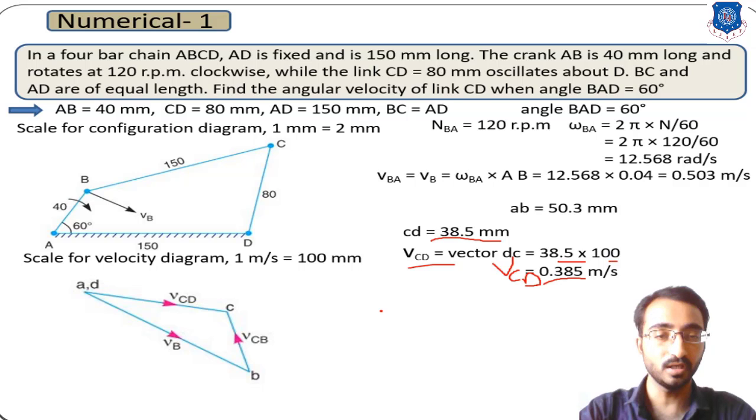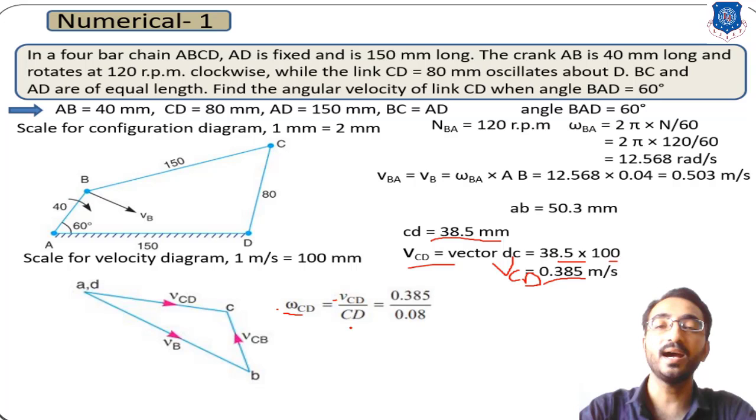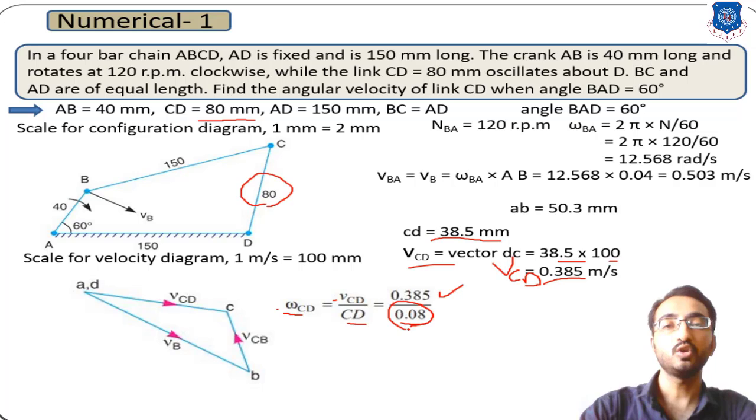Now to calculate the angular velocity, we can say V is equal to R into omega, or omega is equal to V by R. So over here omega is equal to VCD upon the length CD. VCD is 0.385, and the length of link CD is given as 80 mm, so it is 0.08 meter. You must consider one thing: the length we have sketched is only 40 mm because it is represented with this scale, but the actual measurement is 80 mm.